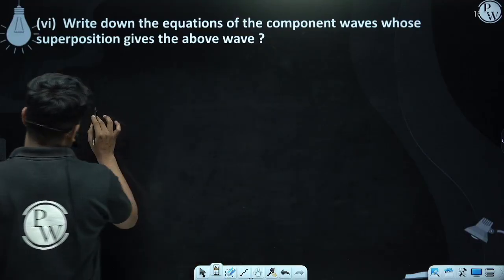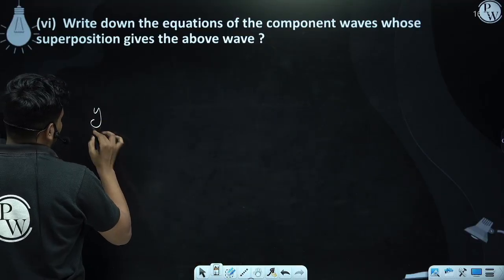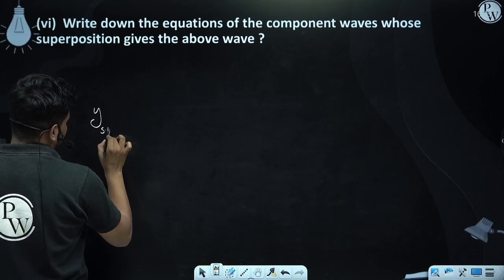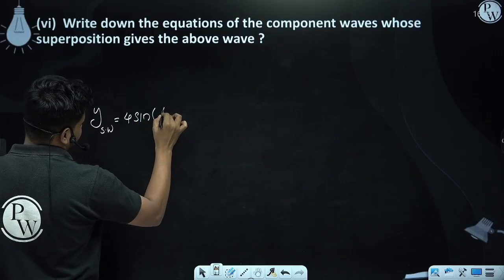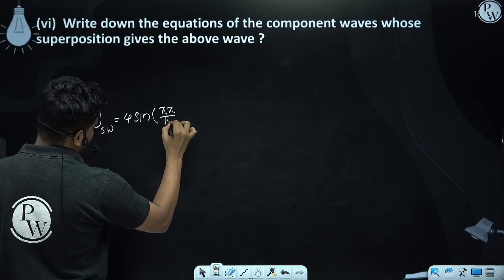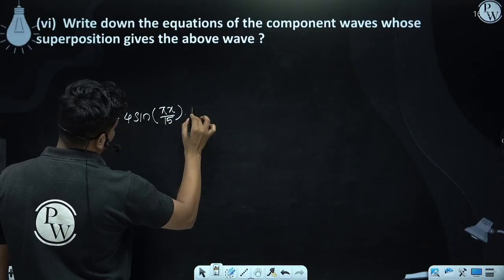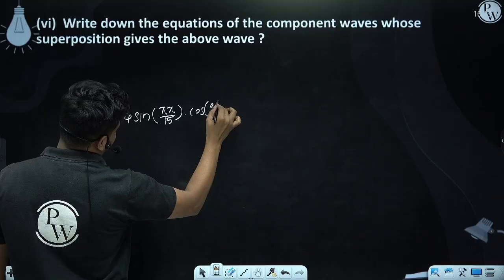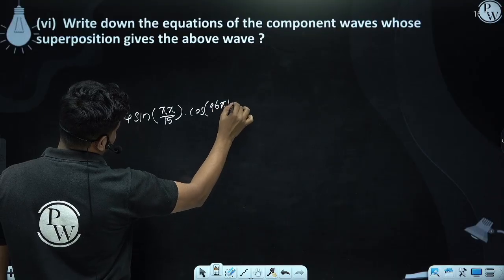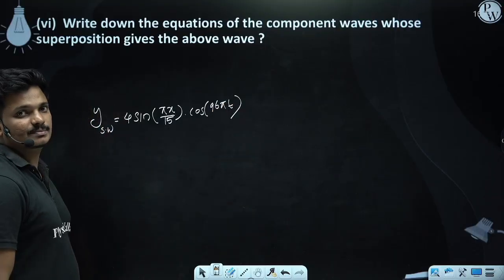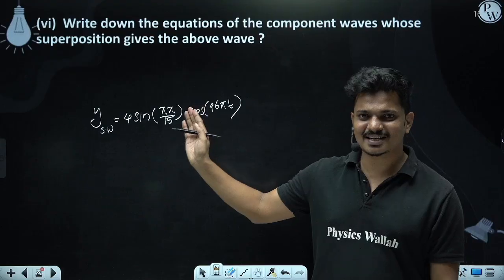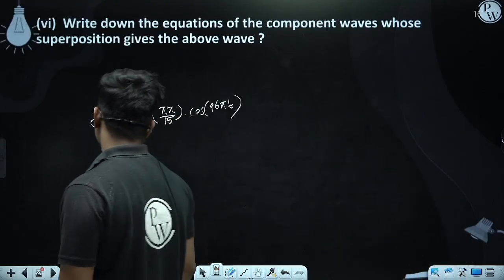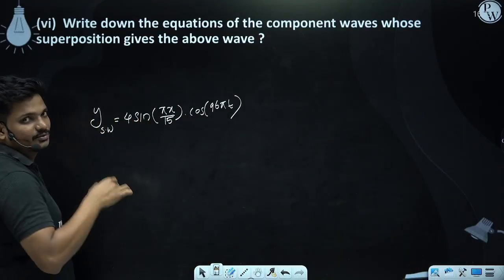So what is the displacement equation of the standing wave? That is given by 4 into sine of pi x by 15 into cos 96 pi t. Just remember, this is our first case. If it is 2a, then a is 2.